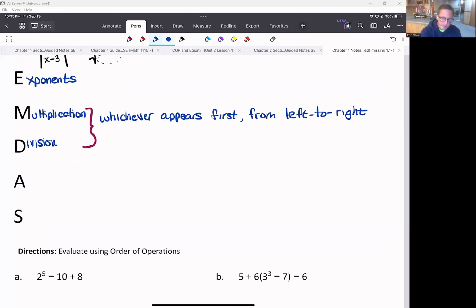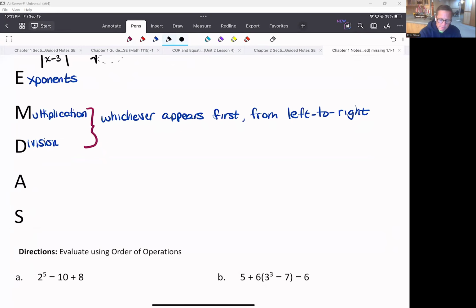What that means is, let's say I have 24 divided by 3 times 10. If you take PEMDAS too literally, you might go, well, I better multiply first, before I do division.